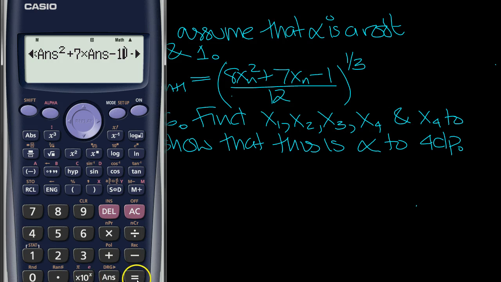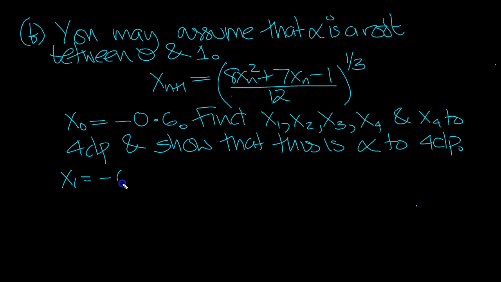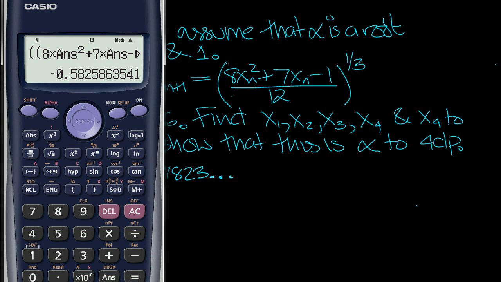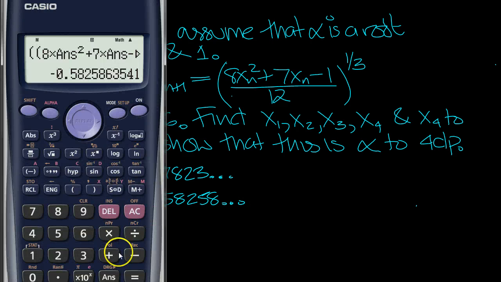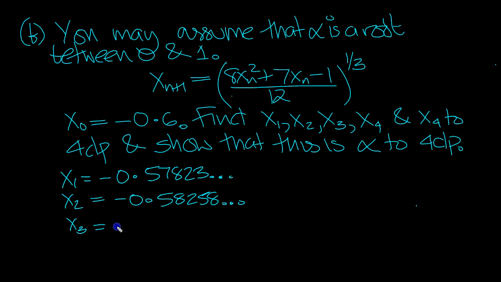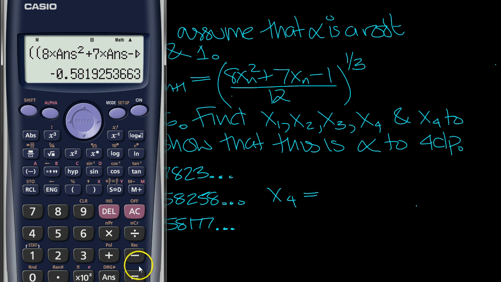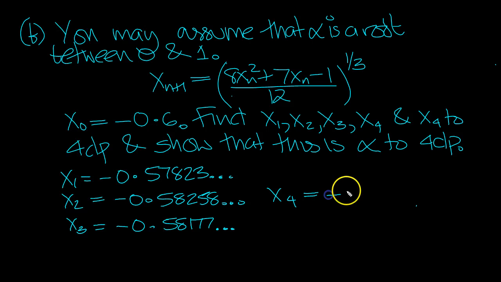minus 1. So if we press equals now, we get our first x1 value, minus 0.57823. Then x2, just press equals again, minus 0.58258. x3, press equals again, minus 0.58177, and x4 will equal, press equals again, minus 0.58192.